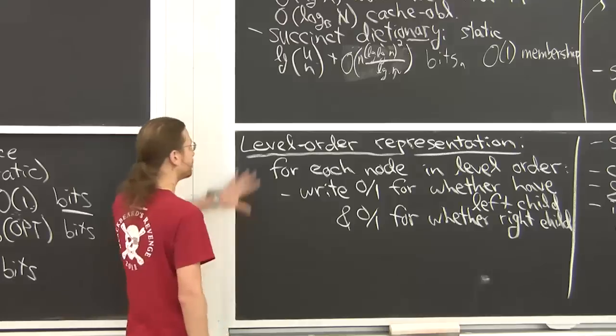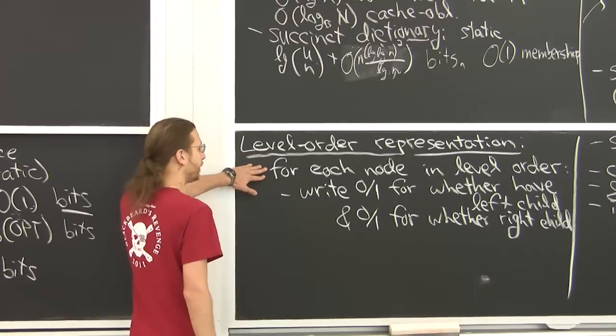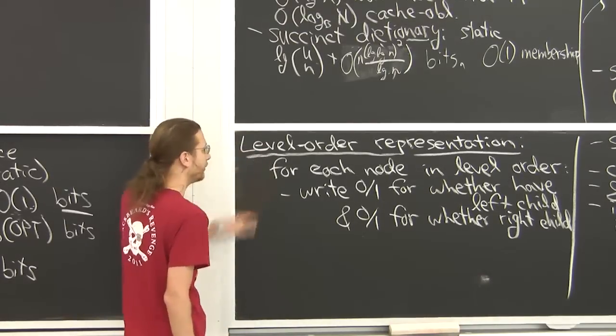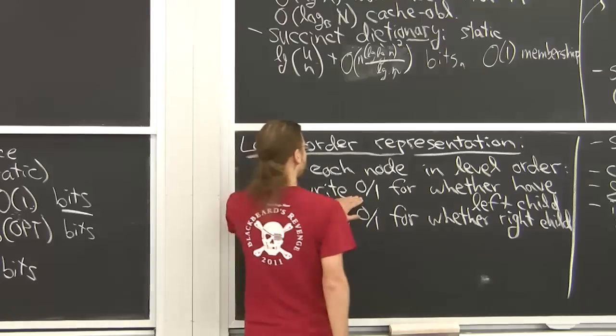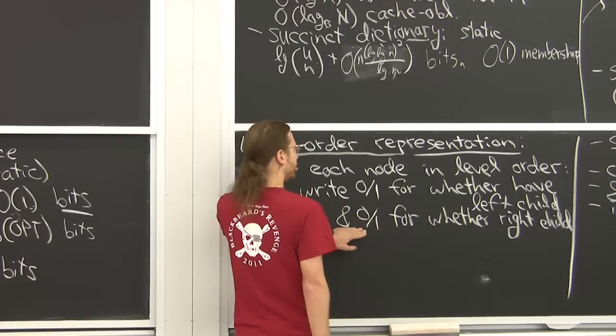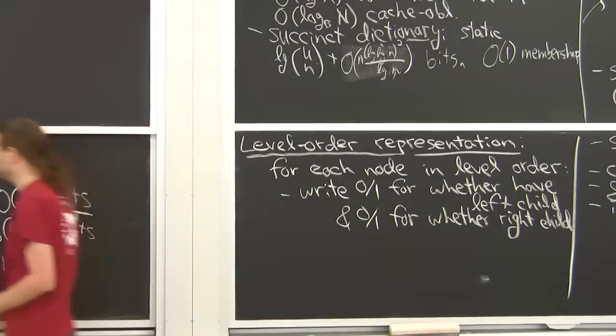So I'm going to just loop over the nodes in my trie in level order, so level by level, and write one bit to say whether there's a left child and one bit to say whether there's a right child. Let's do a little example.